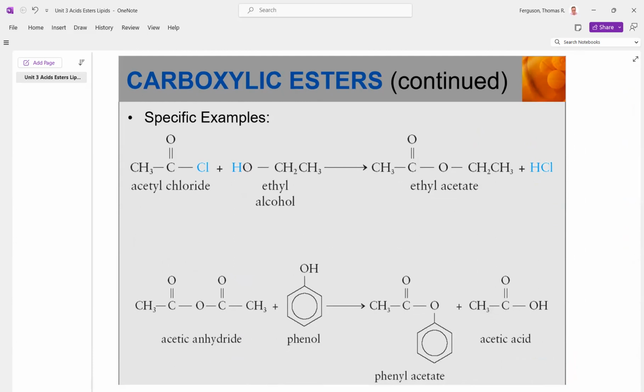So if we had a 2-carbon acid chloride and a 2-carbon alcohol, we're going to end up with the ester plus HCl.